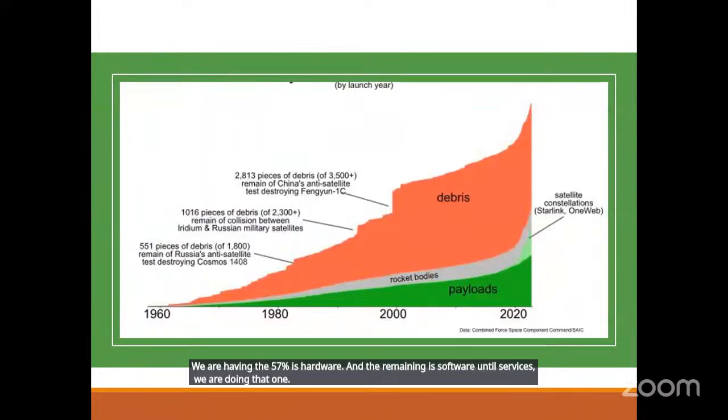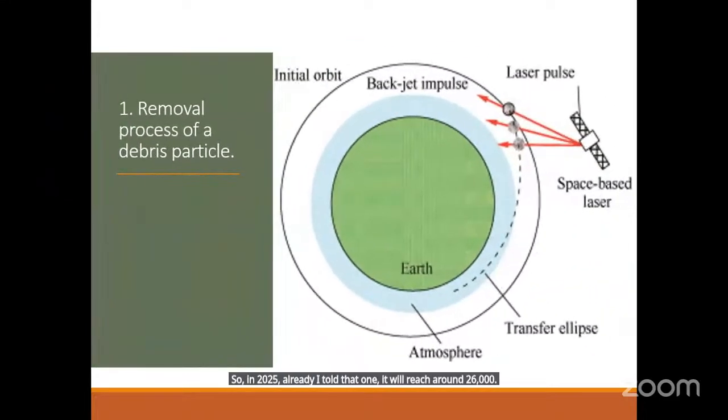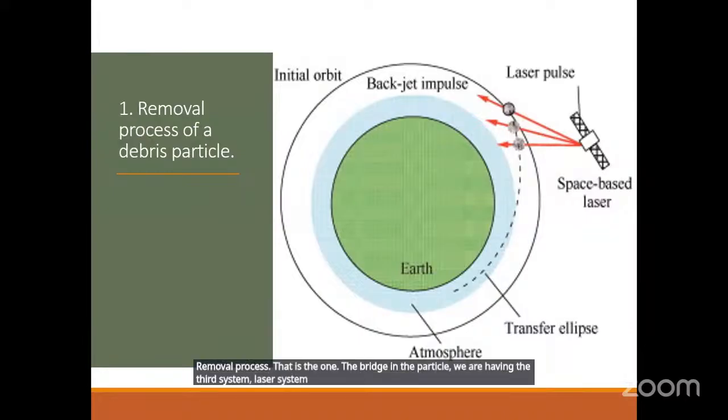So how much debris is available, you see, keeps on increasing. In 2025, as I already told you, it will reach around 26,000. For the removal process, for debris particles, we have the tether system, laser system, net system and satellite system.